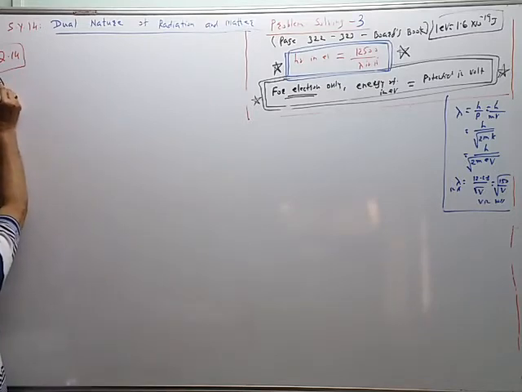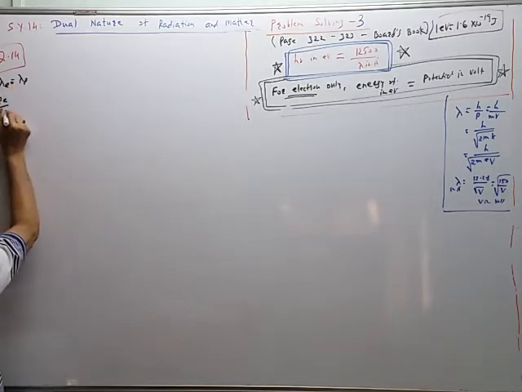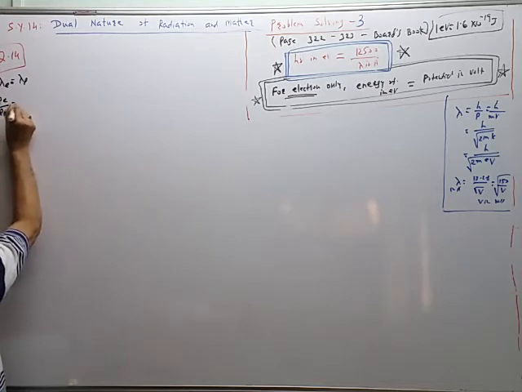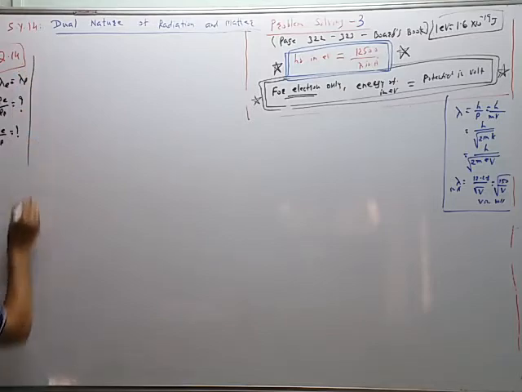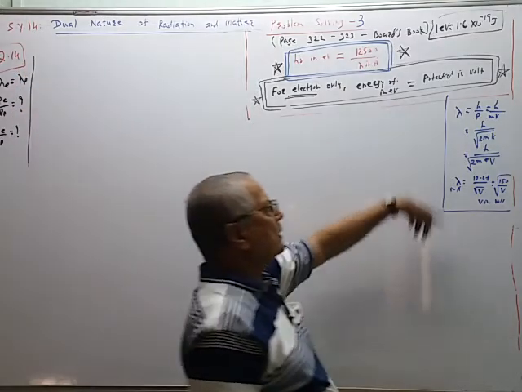The de Broglie wavelength associated with the electron is equal to that of the proton, and we have to find the ratio of momentum of the electron to the momentum of the proton, equal to question mark. Then kinetic energy of the electron upon kinetic energy of the proton is equal to question mark.